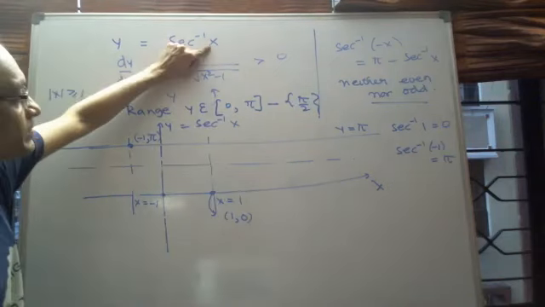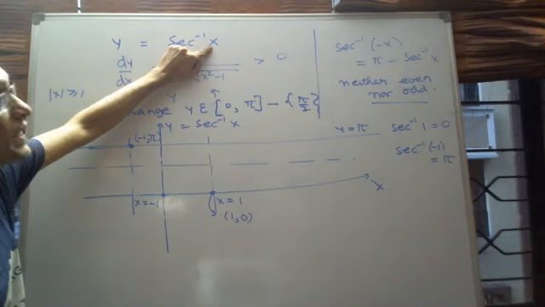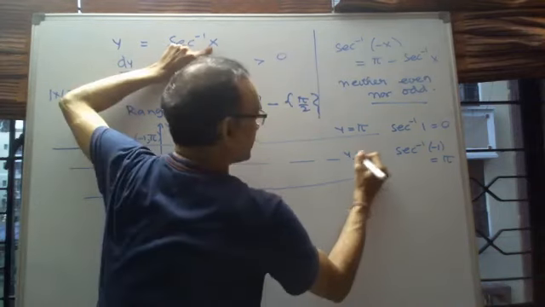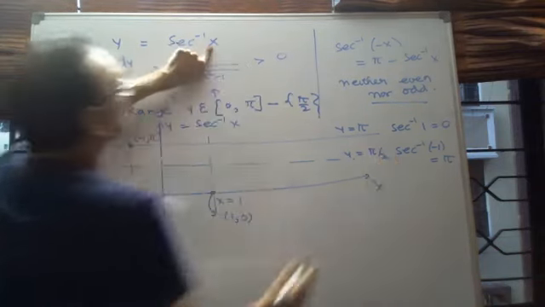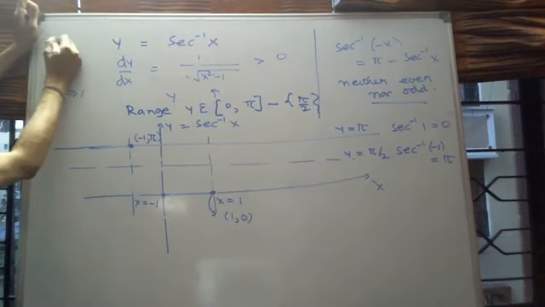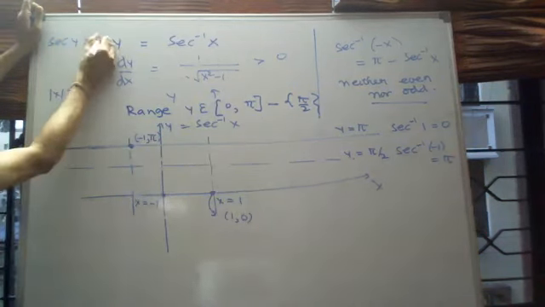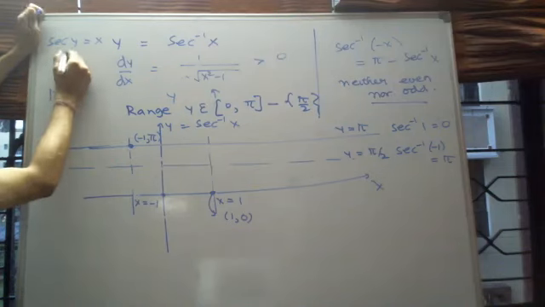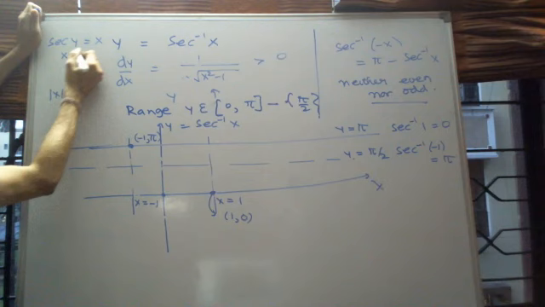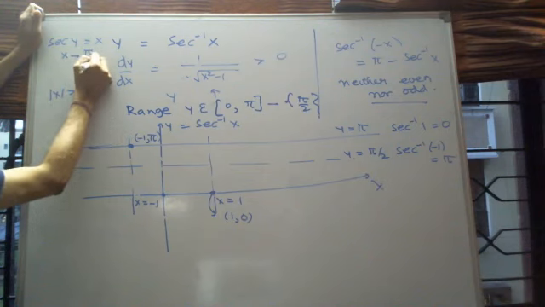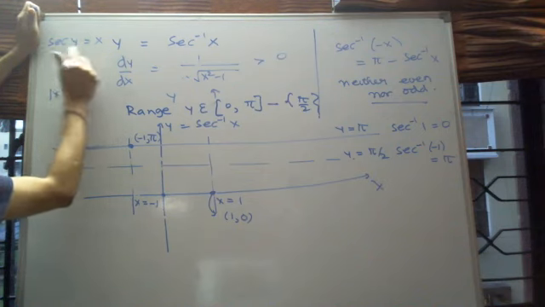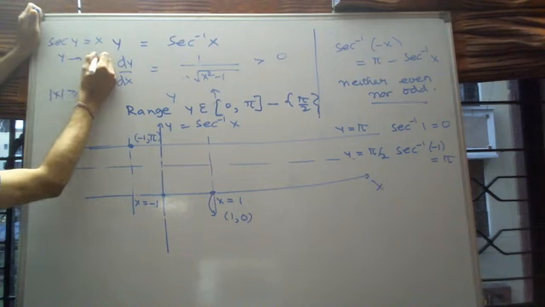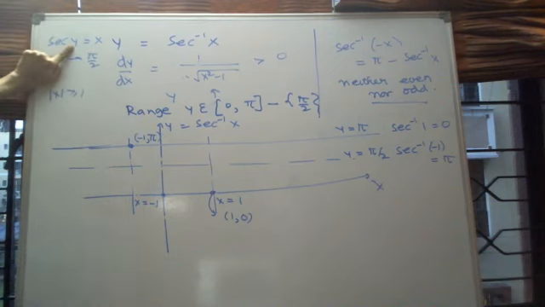Take sec inverse x as x tends to pi by 2. This is the line y equal to pi by 2. Sorry, as y tends to pi by 2, sec y, which is x, tends to plus infinity.